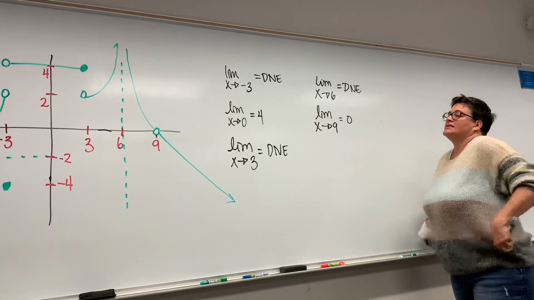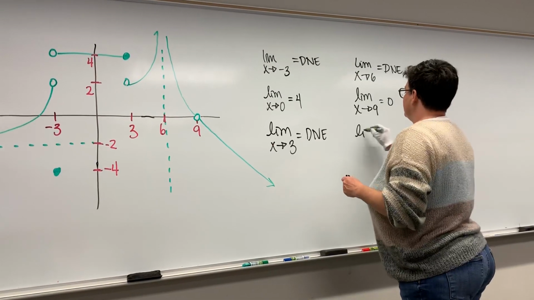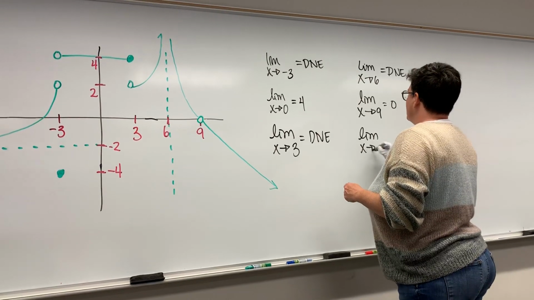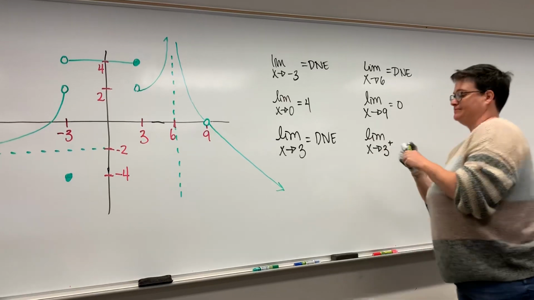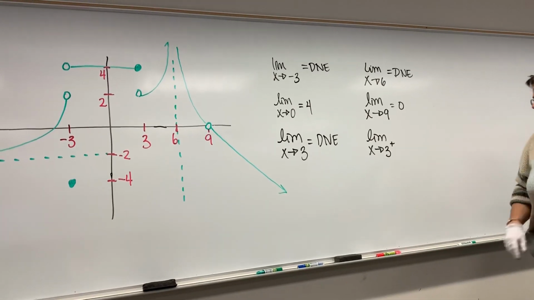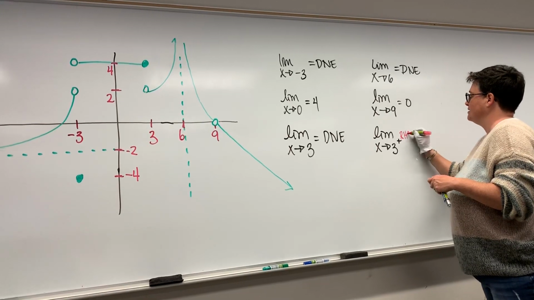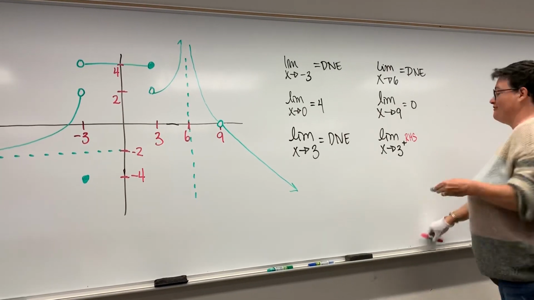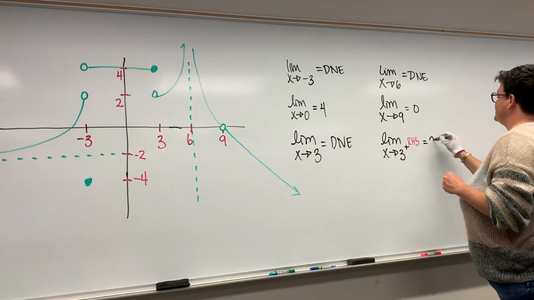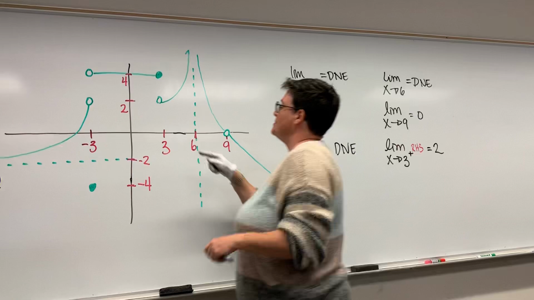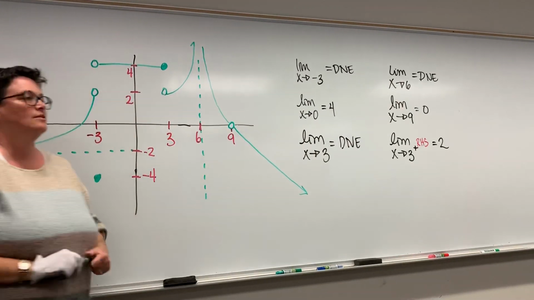Okay, now let's talk about one-sided limits up here. What's the limit as x approaches 3 positively? Which side are we coming at it from? Positive means the right-hand side. It's 2, not 4. If we're coming at it from the right-hand side, we're going to end up at y equals 2.